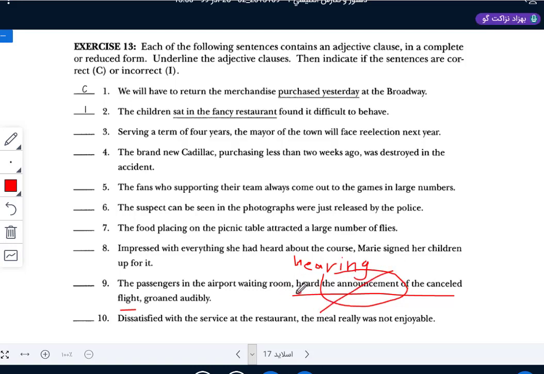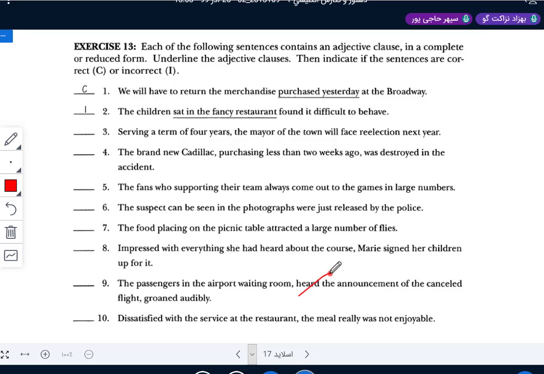If we take heard, we cannot have the noun. So this is wrong. We have to change heard to hearing so we can have the noun. The passengers hearing the announcement of the cancelled flight. So in that case, it is correct. Now it is incorrect. We change heard to hearing. Number 10.